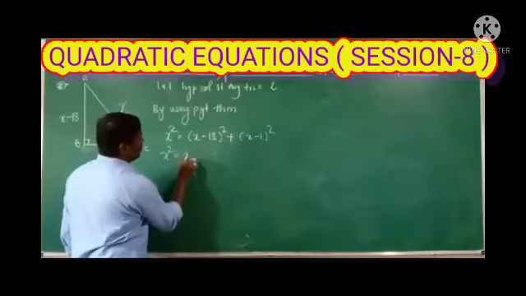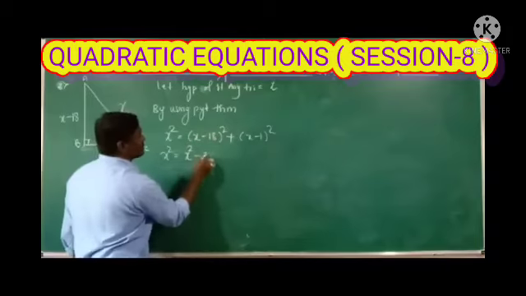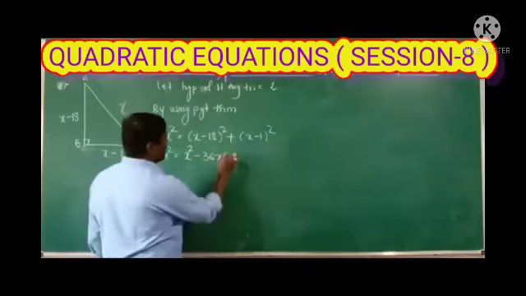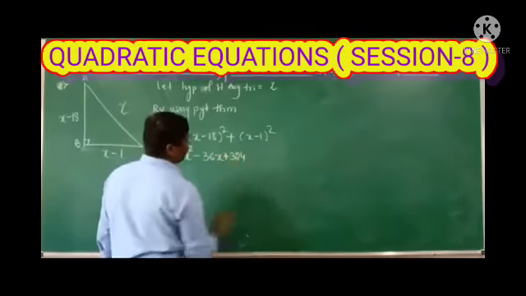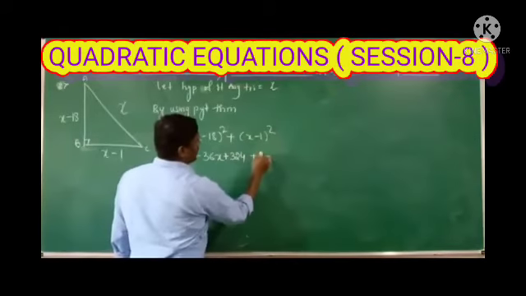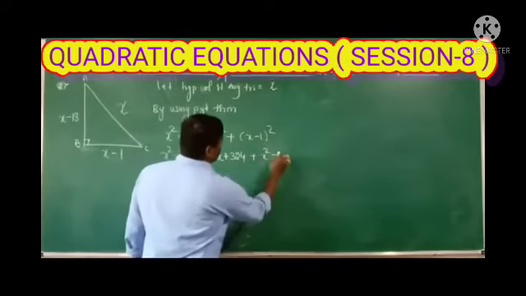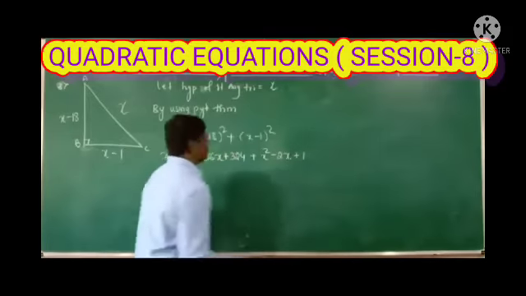So simplify this one. x square minus 2 18s are 36, 36x, minus 18 square is plus 18 square is 324, plus x square is x square minus 2x plus 1.